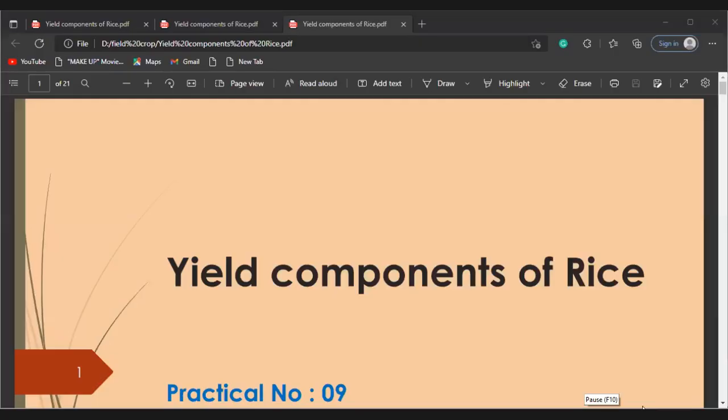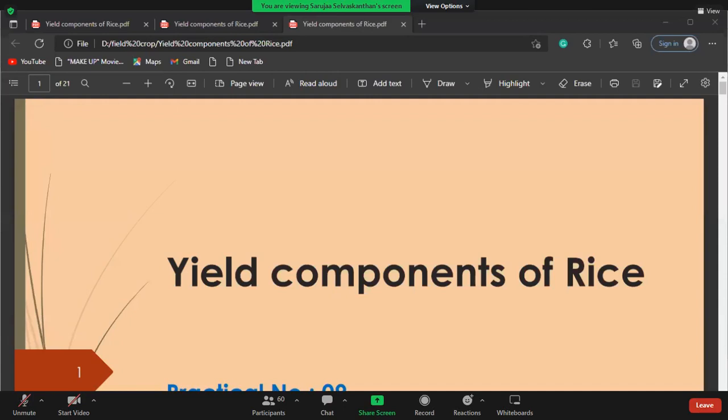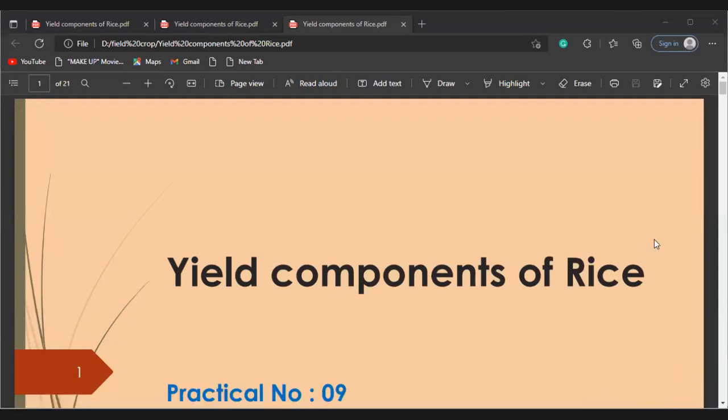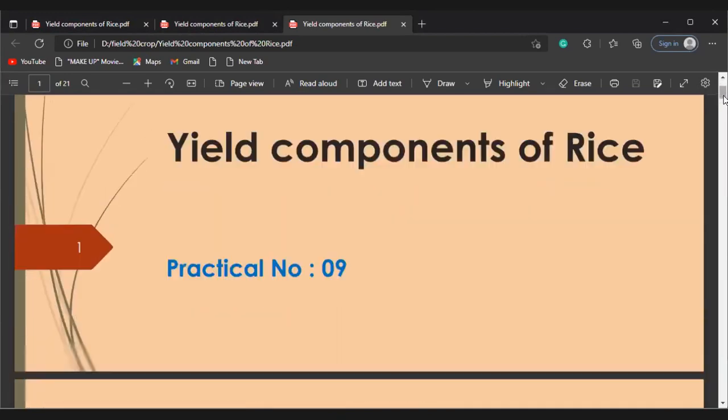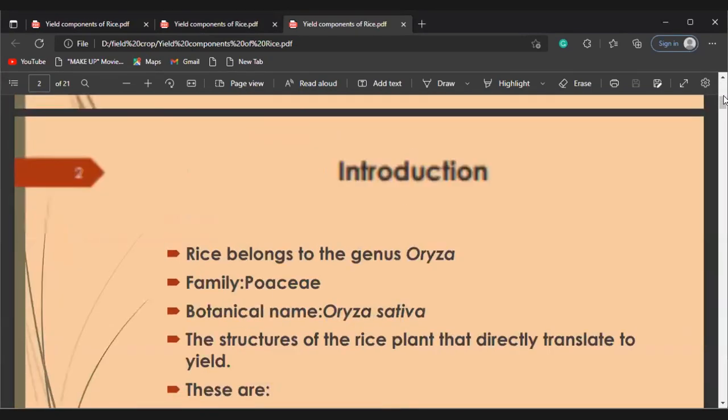Before the yield component of rice, you want to know what the parts are. For rice, what is the economic part? What are the parts which determine the yield component? Why does it impact the yield?